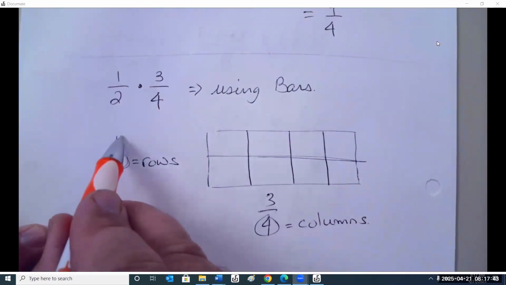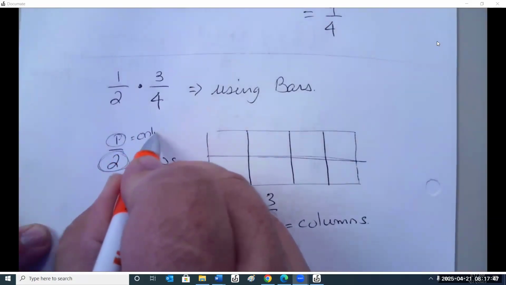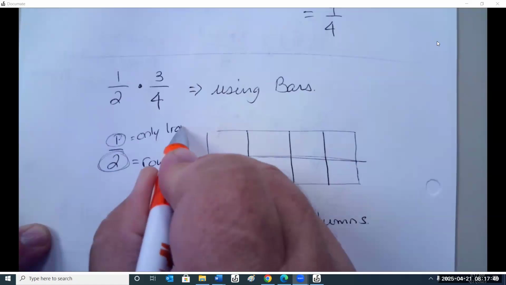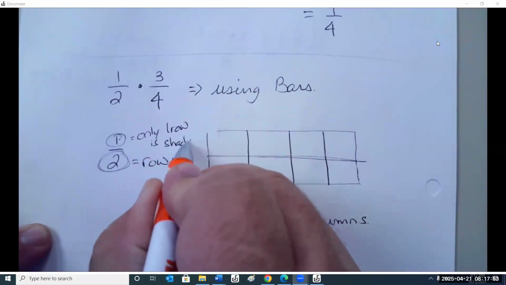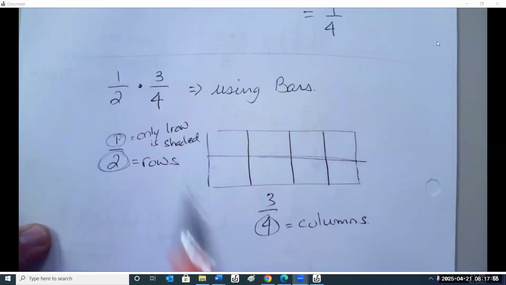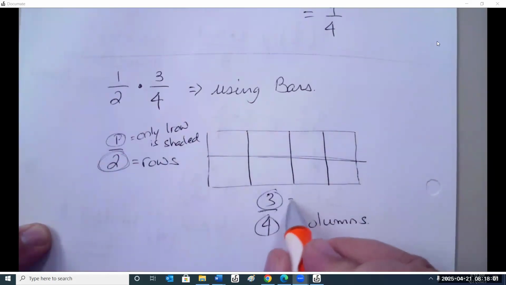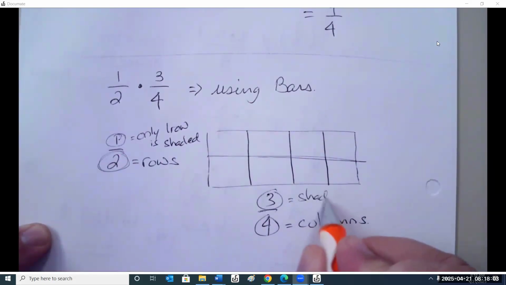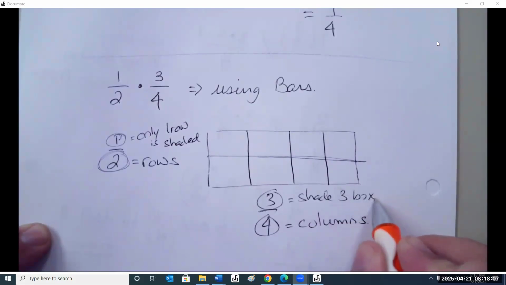Now, what this says, only one row is shaded. And it is shaded, shade 3 boxes.